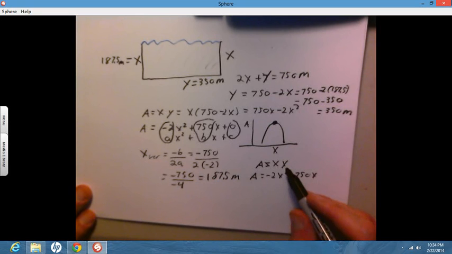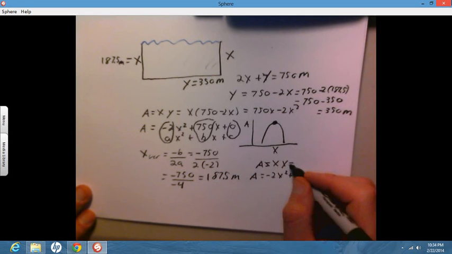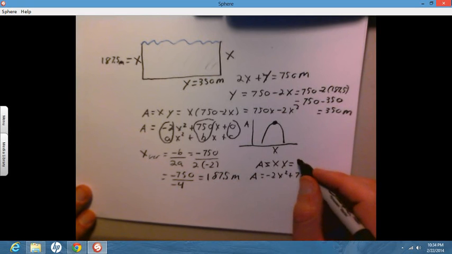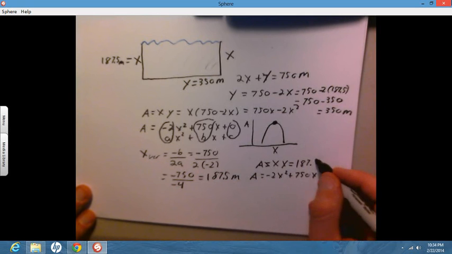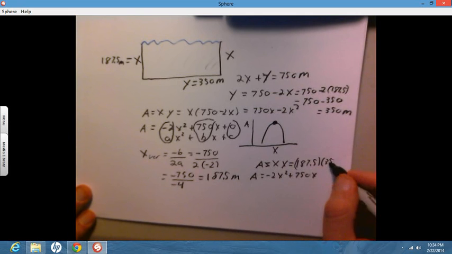So this is going to be 187.5 times 350. And that's what my area is going to be.